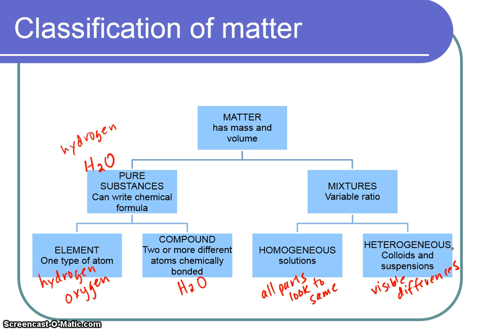Whereas pure plain vanilla ice cream with no vanilla bean flecks or anything would be a homogeneous mixture. Okay, and another example of heterogeneous, if we want to go back to a solution, is you think of Italian salad dressing. It has the oil and the vinegar, and then you have to shake it in order to mix it together, but it sits and it separates, and so there's visible differences, and so that would be a heterogeneous solution.